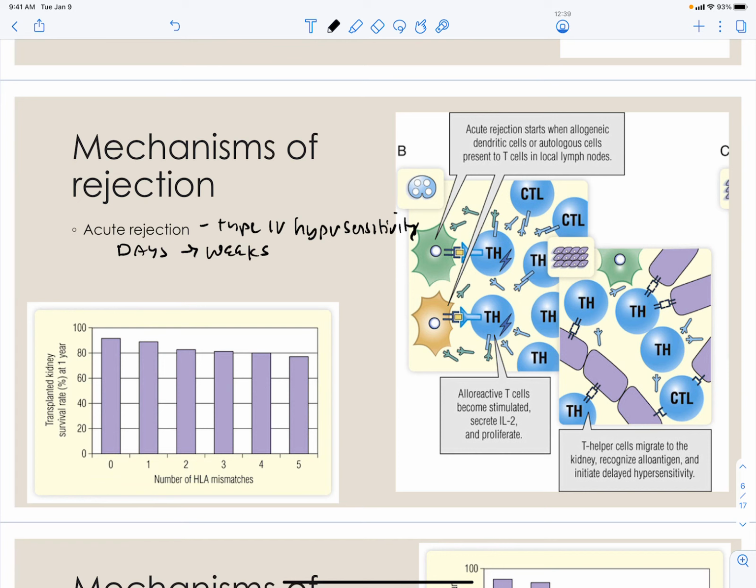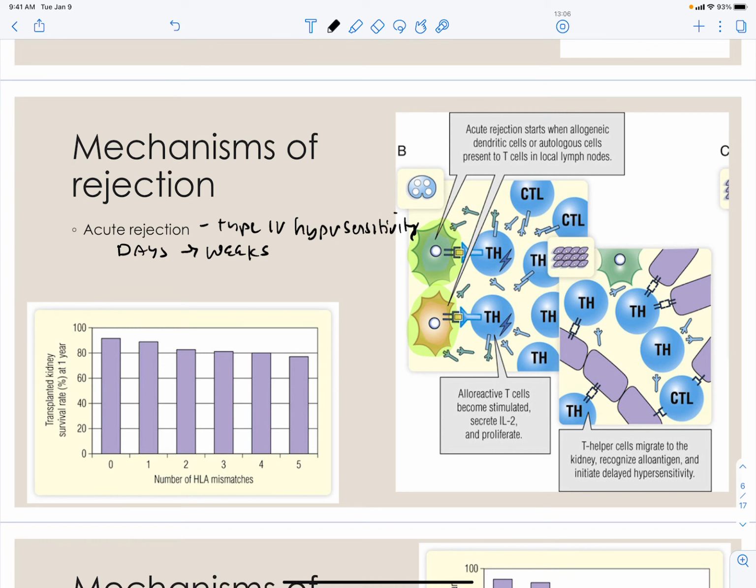Basically, you're going to have donor dendritic cells. So we have our autologous dendritic cells, which will be in green, and then we have our donor dendritic cells shown here in yellow.